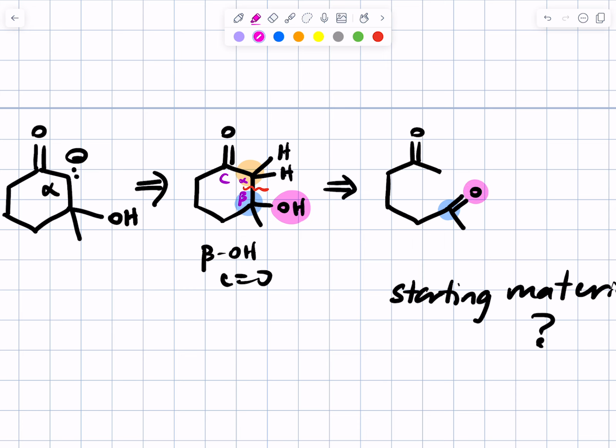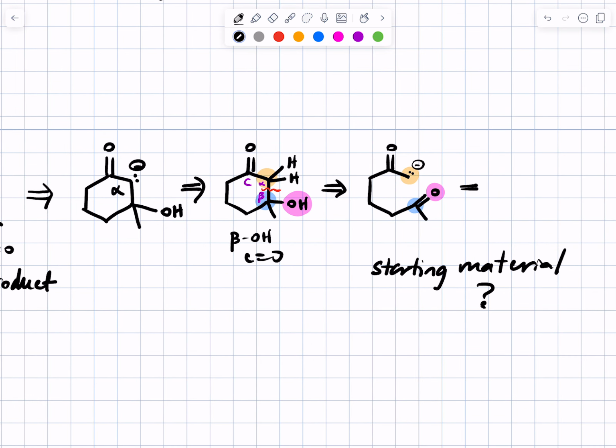Here is the oxygen that's going to become the OH group. Here is the alpha carbon of the enolate, and it's going to have a negative charge there, right? And what's the immediate precursor to that one?